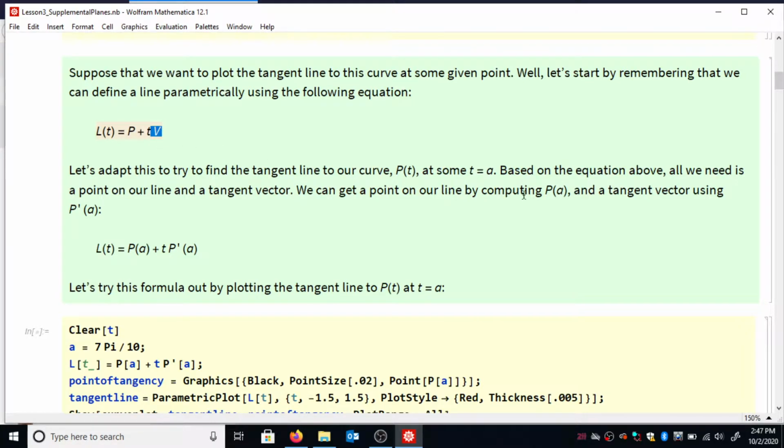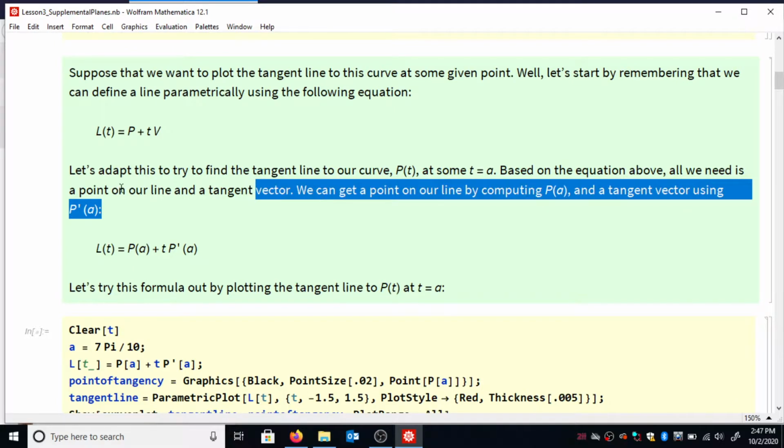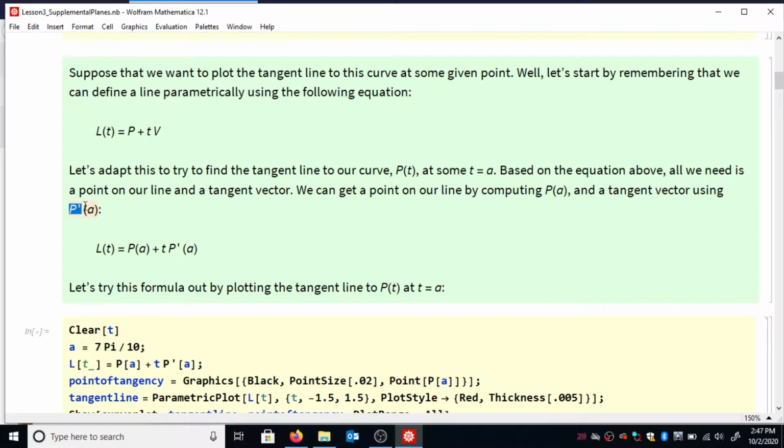Our starting point should probably be p of a, the point of tangency, and then my tangent vector, I could find that by computing the derivative of p, so p prime of t evaluated at a. So here it is. My tangent line is L of t equals p of a plus t times p prime of a, where p of a is my point of tangency and p prime at a is my slope vector.